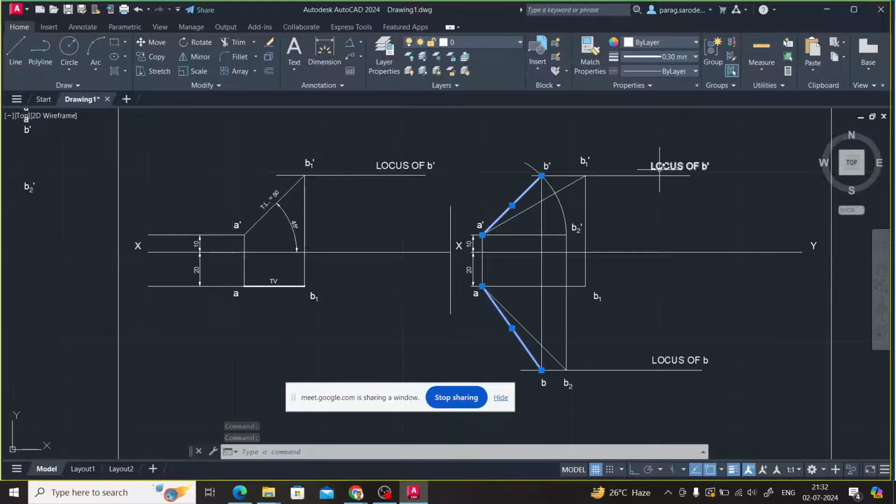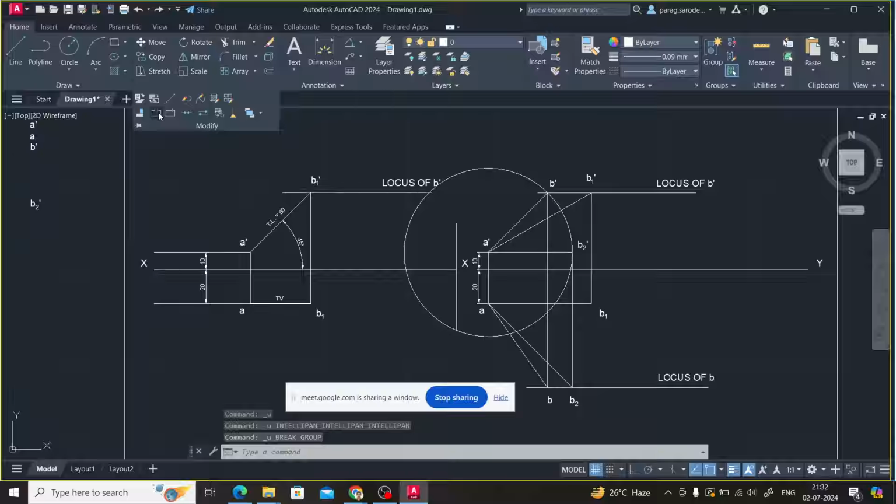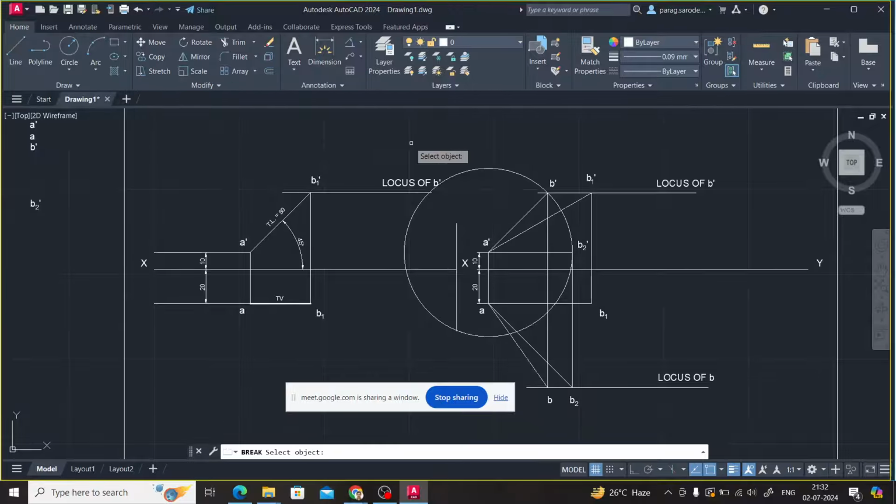So, which command did you use to trim the circle? Yes, I will show you. Control Z. Modify, I use this break. Modify and break. If you find it difficult, just use trim, right? But trim will have to be done many times.